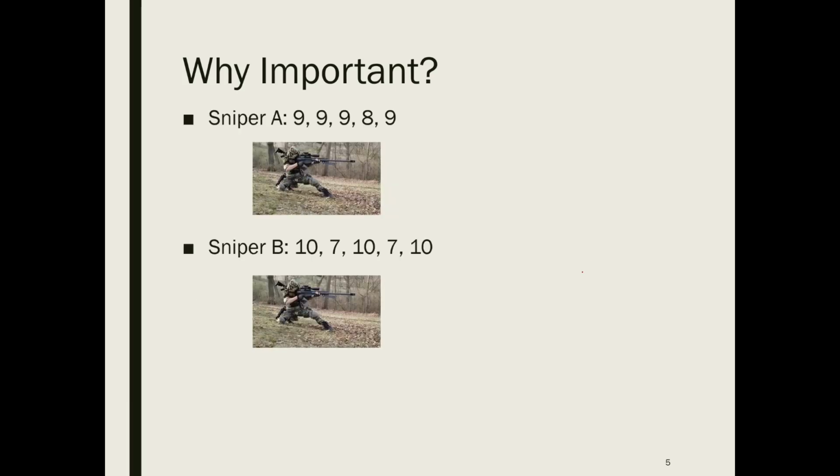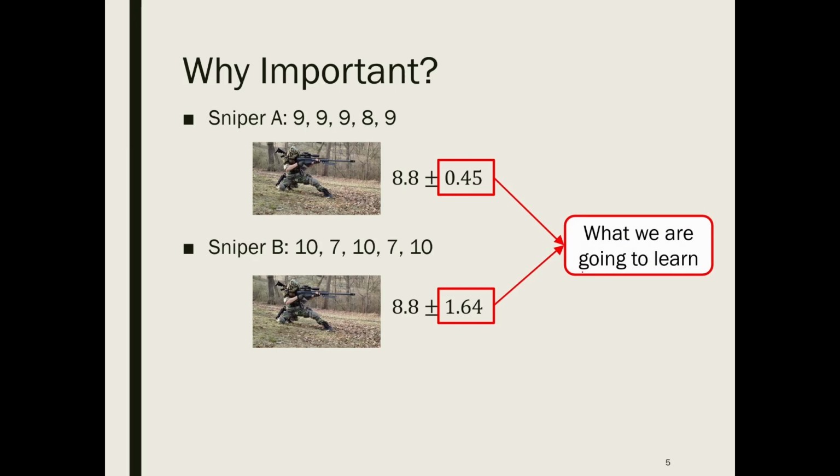Now what the stats tell us is that we have the average and we have another number following the average, whether it's plus or minus. Those numbers are something we are going to learn in this PowerPoint. It's called the standard deviation. So I would usually choose sniper A for the mission because sniper A seems more stable.